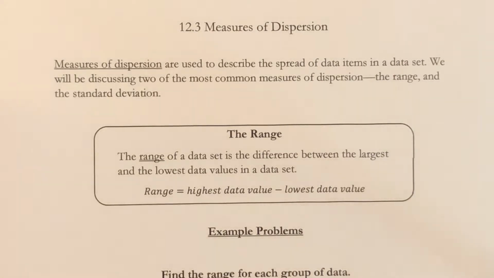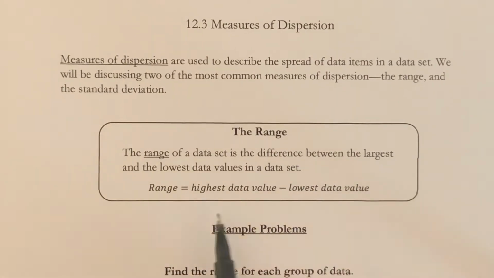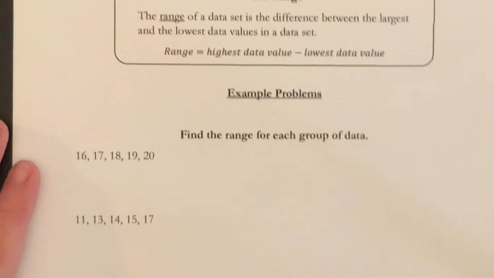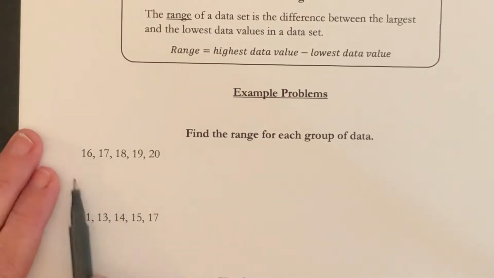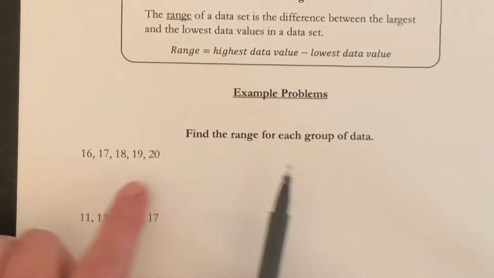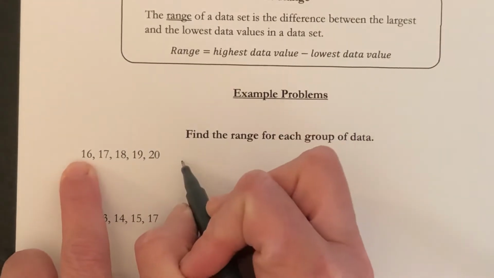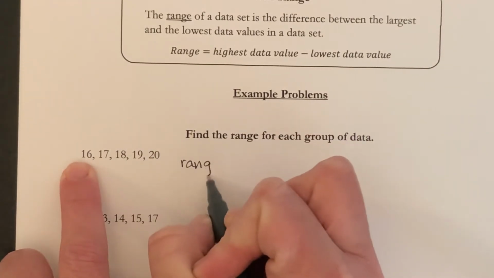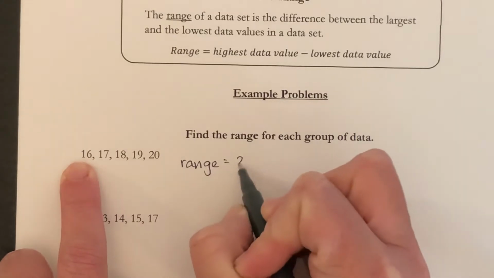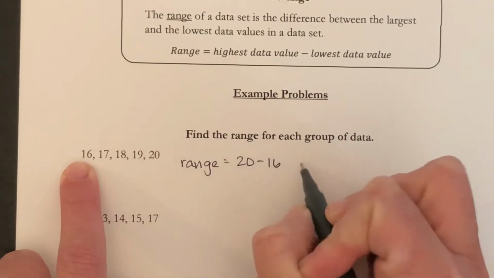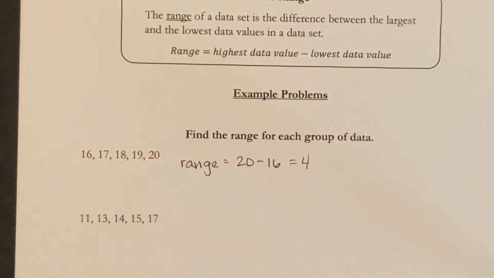Now, the range is very easy. The range of a data set is the difference between the largest and the lowest data values. So you just take the largest number, subtract away the smallest number, and you've got the range. So, for example, if we had this data set, our largest value is 20, our smallest value is 16, so the range would be equal to 20 minus 16, which is 4.